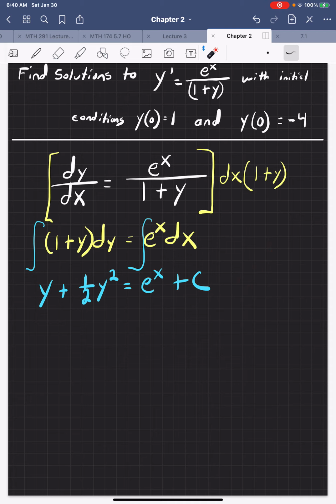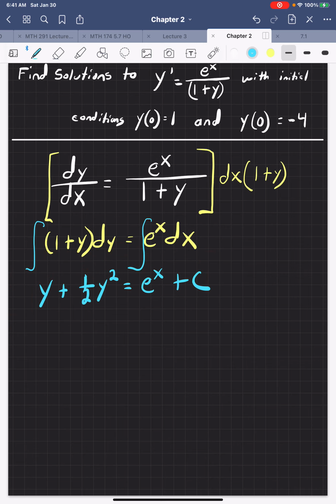But before I set it equal to 0, I'm going to distribute a 2. So that's going to be 2y, and notice that leading term, the 1/2 y squared, once I multiply by 2, I'm just left with y squared.